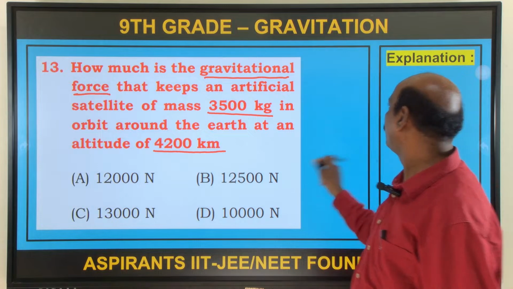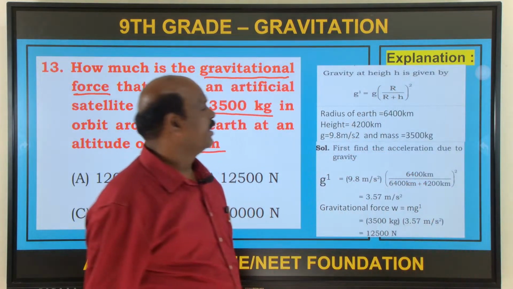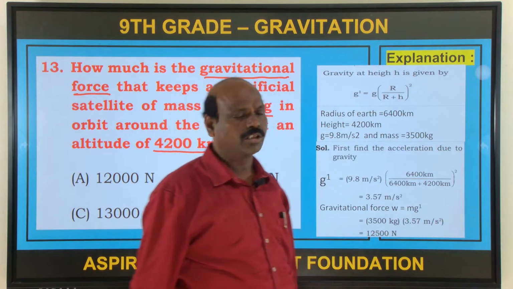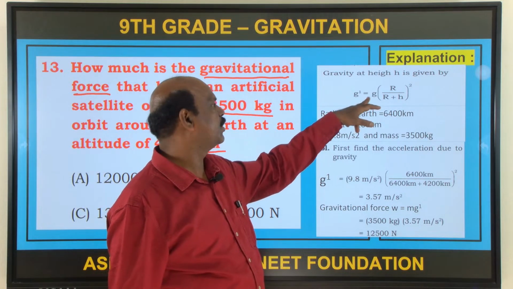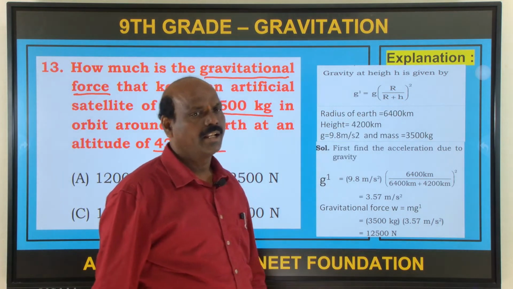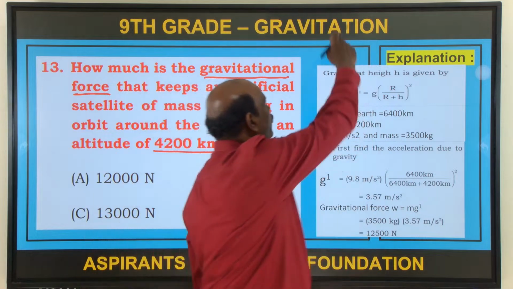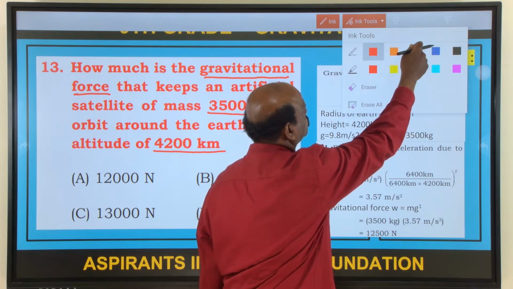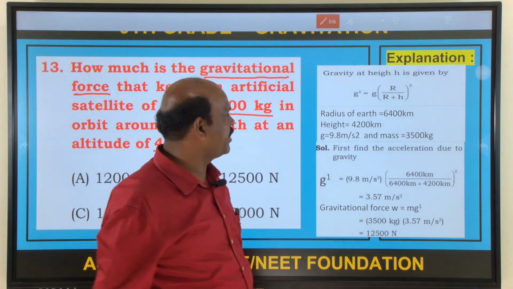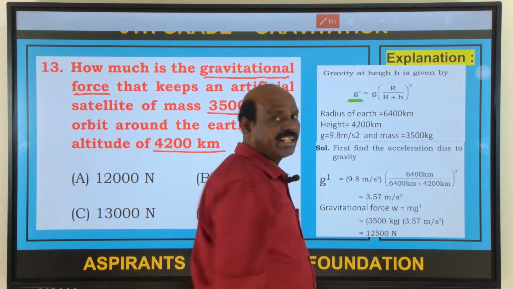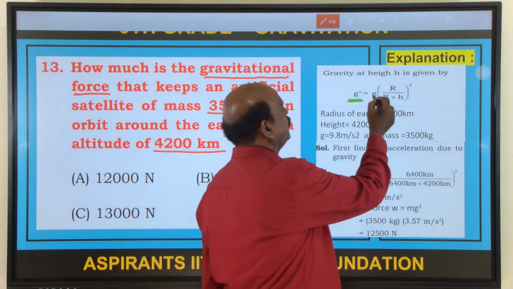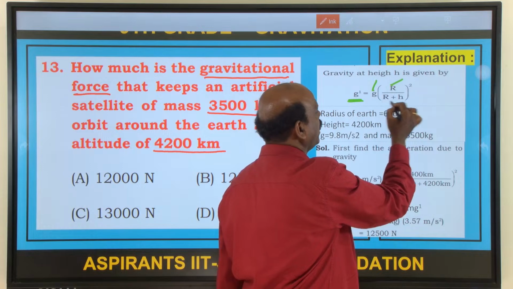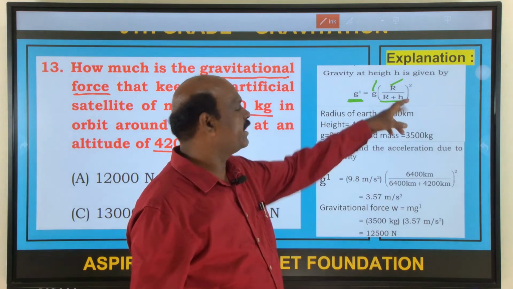So let us discuss once again. Gravity at height h is given by the formula g dash is equal to g into R by R plus h whole square. Here g dash means gravity at height, g is the acceleration due to gravity, R is the radius, and R plus h is the radius plus the height of the body.